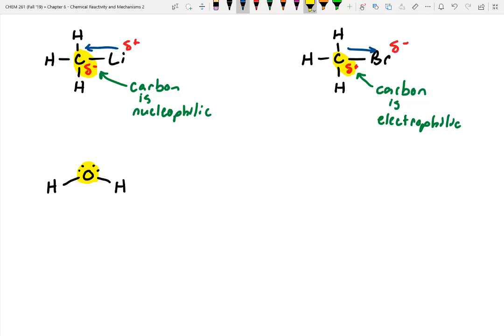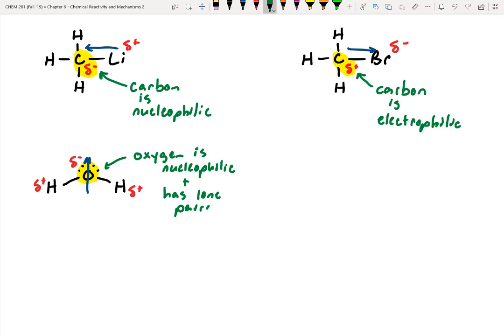Okay, so the net dipole, we said, is going up, so we can show it this way, which means it not only has a partial negative versus the hydrogens, which are partial positive, but what else do you notice here? It has lone pairs, right? So oxygen is nucleophilic and has lone pairs. In this case, the lone pairs could very much act as an electron source.